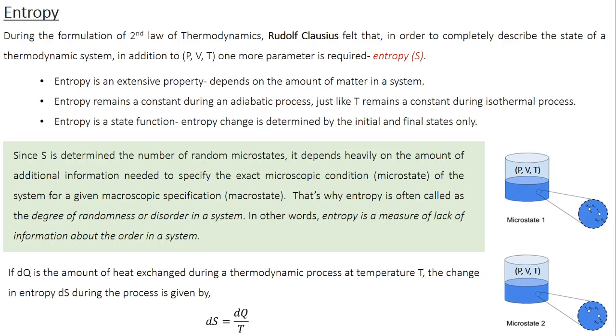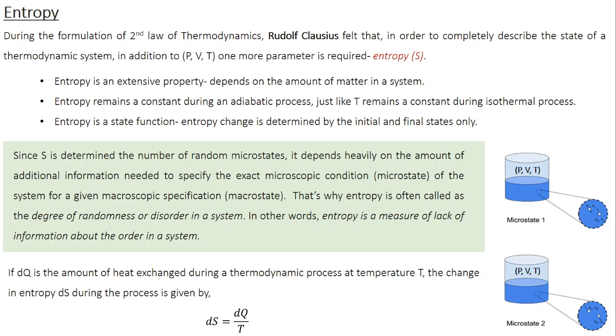So in the first hour, your sitting arrangement corresponds to one particular microstate, and in the second hour, since some of you have changed your positions, the microstate changes to another one, right? But in both cases, your number is the same and you are sitting in the same classroom. In other words, your macrostate remained the same, but your microstates change.